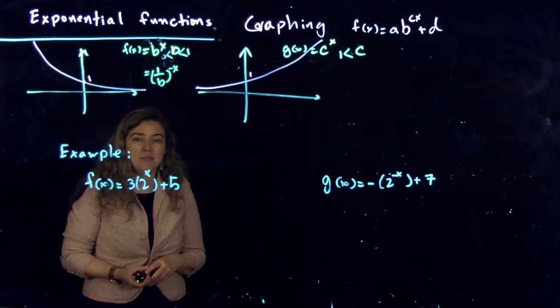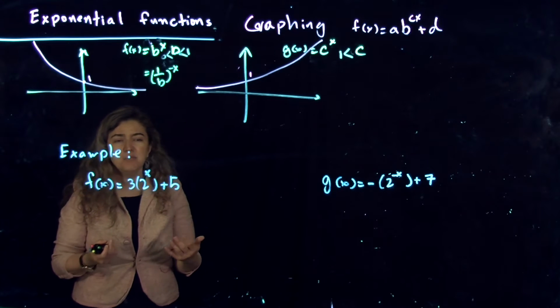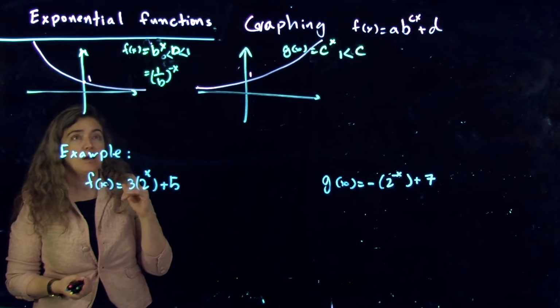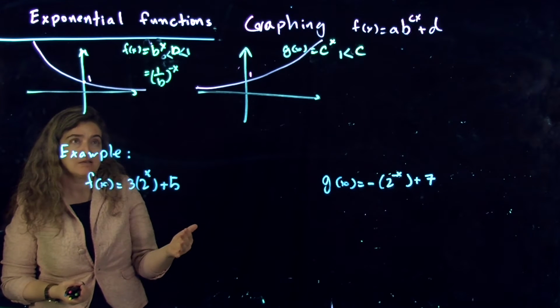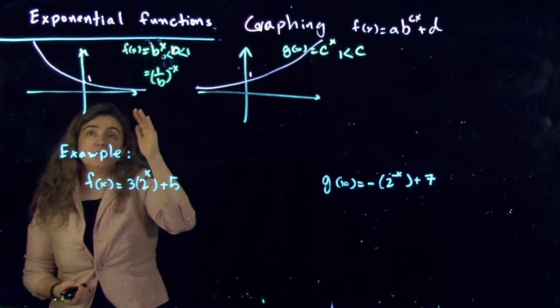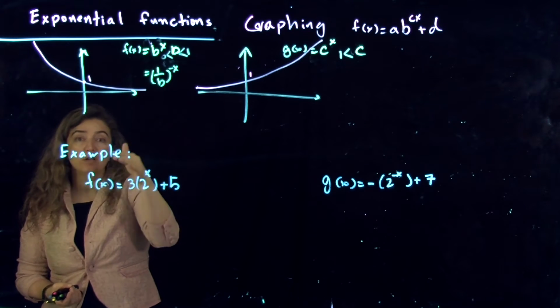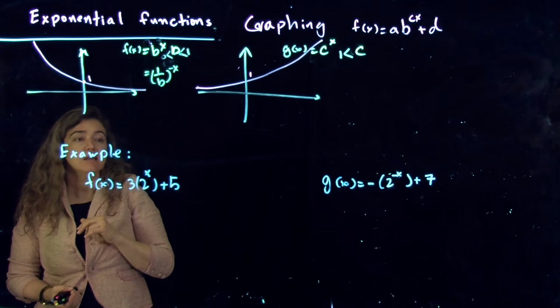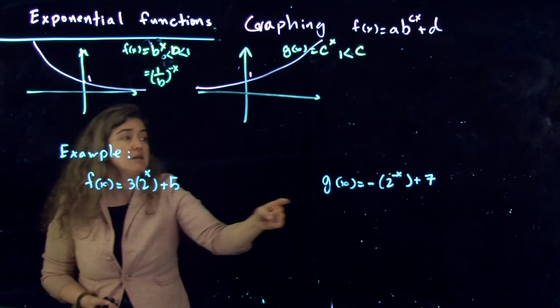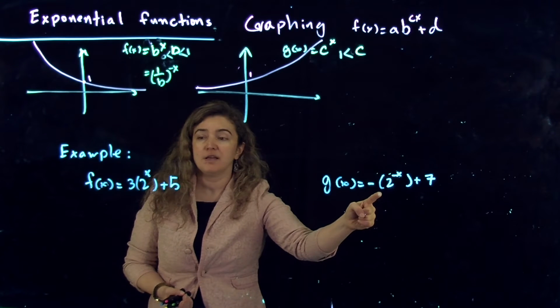Then comparing them, the best way to do this is to remember what is important to us: either we get this shape, or we get the reflection of it over the x-axis. And this one doesn't have any reflection over the x-axis. That one has a reflection over the x-axis.